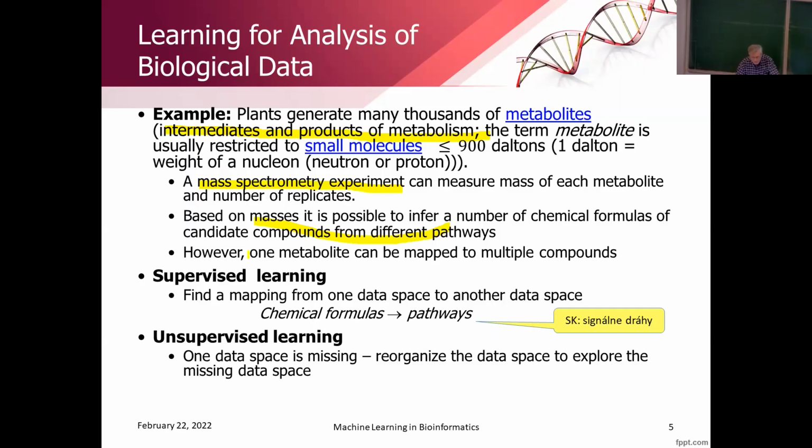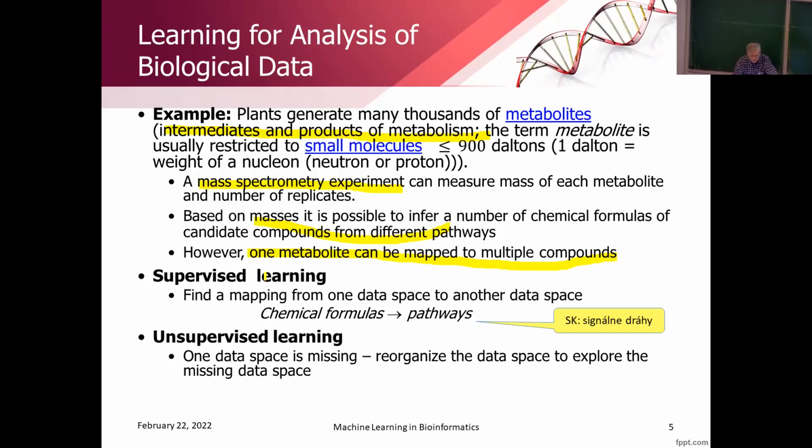But one metabolite can be mapped to multiple compounds. So if we have the original compounds, which were split in order to obtain the charged fragments, we can only guess what was the original compound. Maybe we have several possibilities.